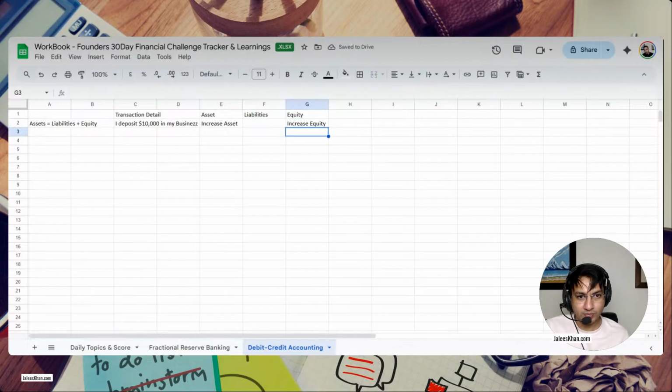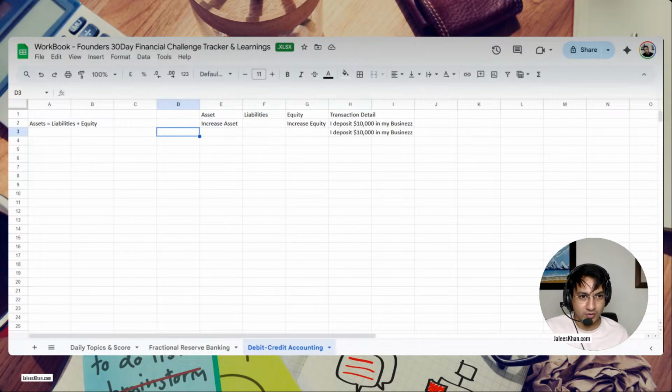And here's the starting point of the transaction, because it's the starting point of the transaction. So what I'm going to do is have this one here.